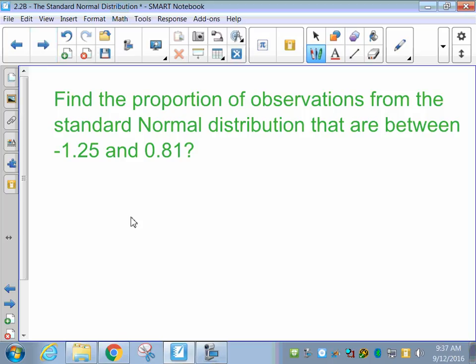All right, so find the proportions of observations in the standard normal distribution that are between these two. Okay, so we did left of the point. That you can just look it up, right? If you do right of that z-score, you got to do 1 minus. Now what if I'm doing in between 2 points? So let's draw this.